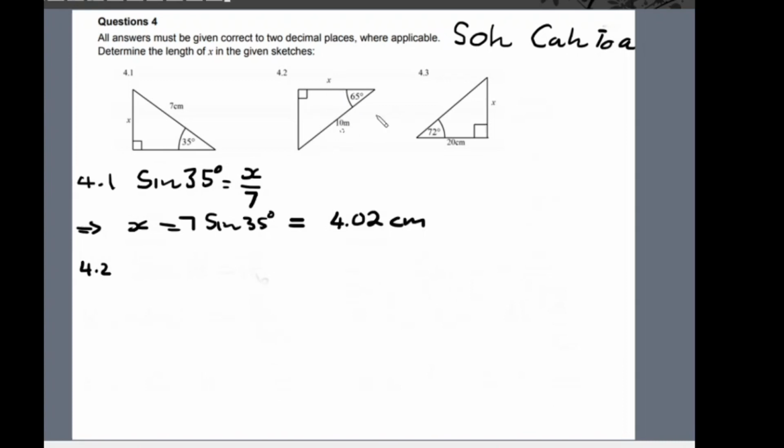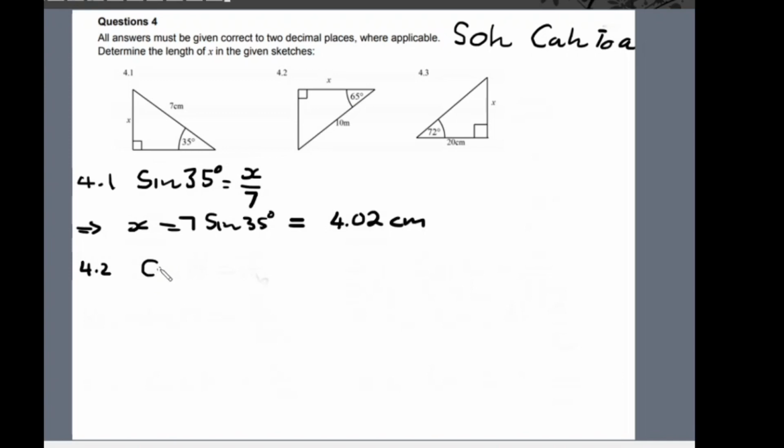They have given us the hypotenuse, they have given us the angle 65, and they want us to calculate x. So notice that x is next to the angle 65, or x is adjacent to angle 65. Because this is adjacent, we can use the trigonometric ratio cos to calculate x.